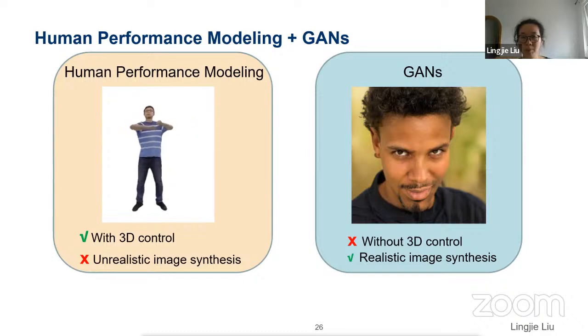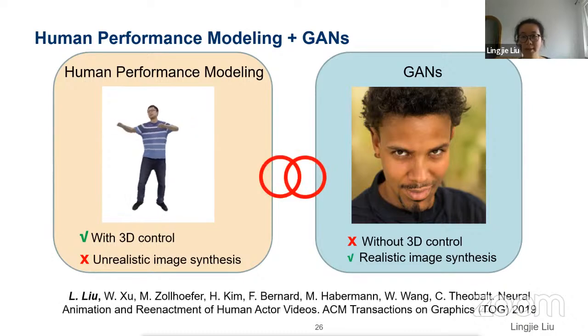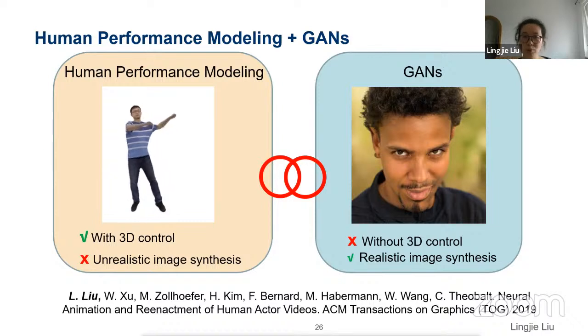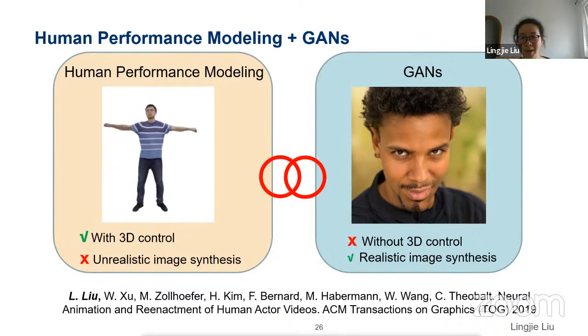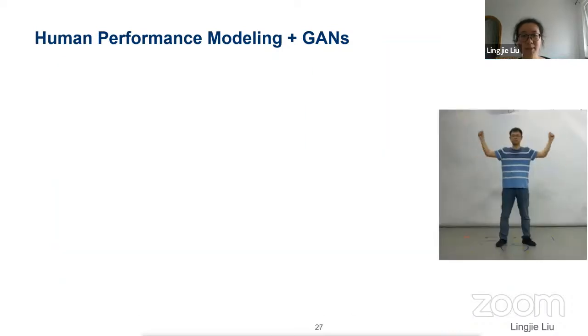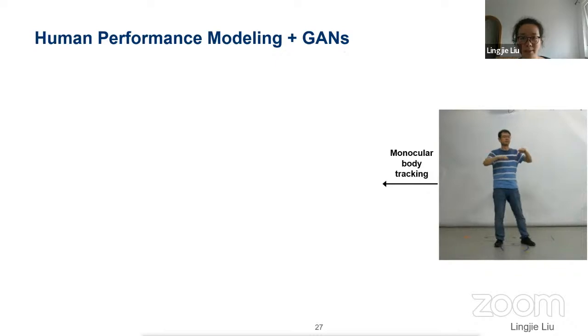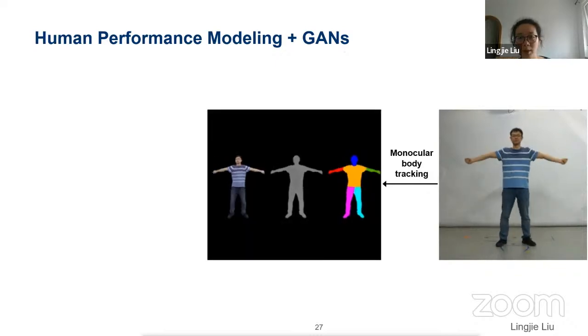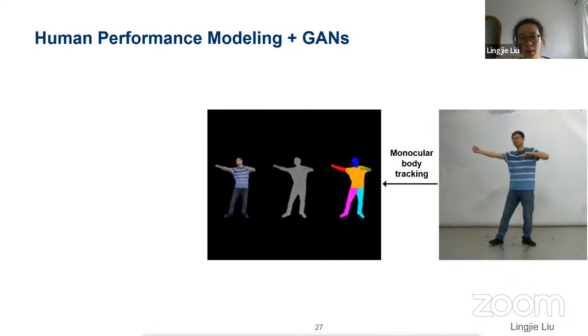In our work, we proposed to combine GANs into the classical human performance modeling pipeline for photorealistic synthesis of human actors under pose control. Specifically, given a single view video as input, we first capture the body motions in this video, then drive the animatable human template to move.